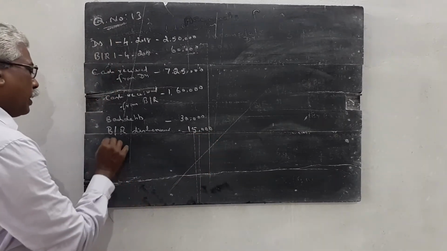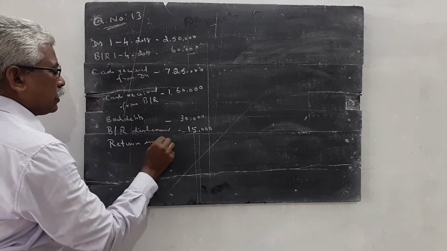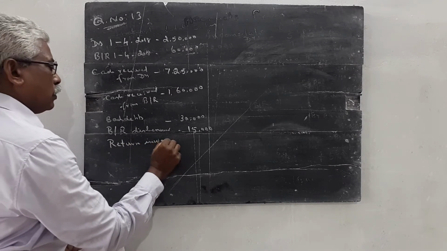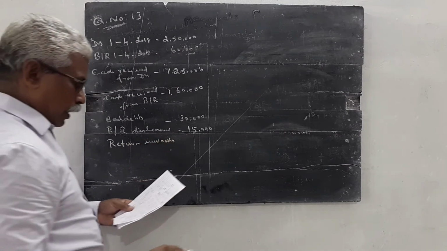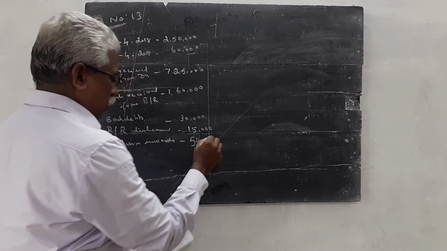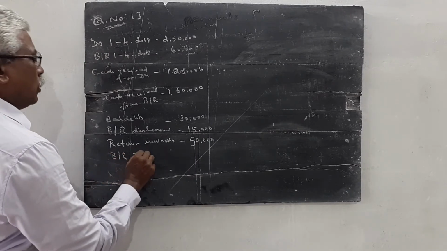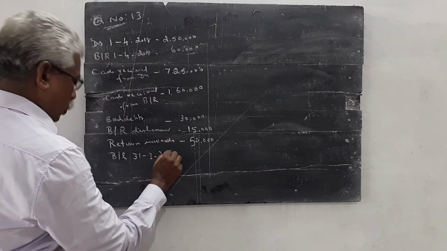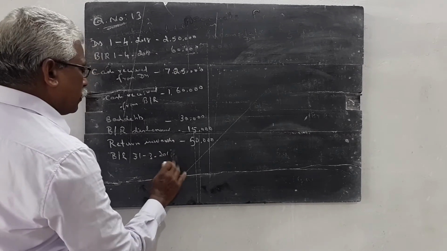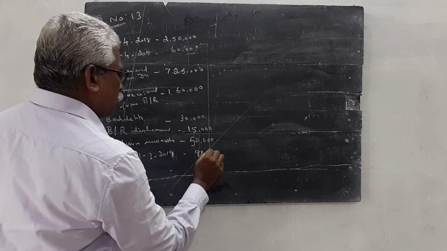Then return inwards, that means sales return inwards rupees 50,000. Then bills receivable on 31/3/2019 rupees 90,000.